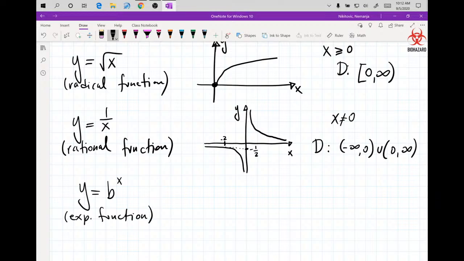Well, e is a special number. It's a constant number, right? About 2.7. So that's a special base. But you can have 2 to the x, you can have 3 to the x, you can have 10 to the x. And all of those look the same. They just grow faster if they have a larger number in the base.